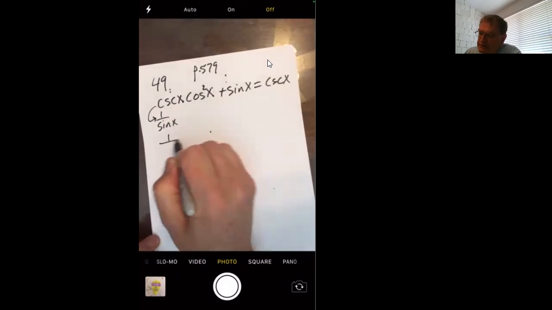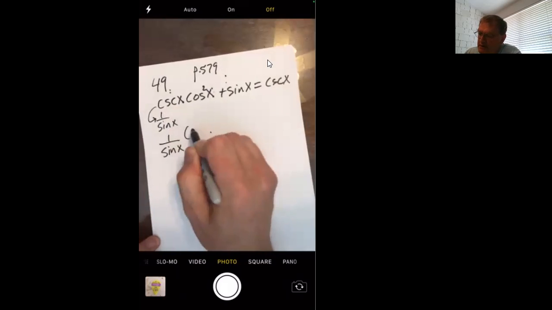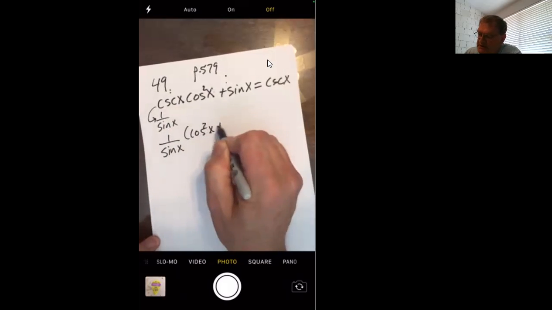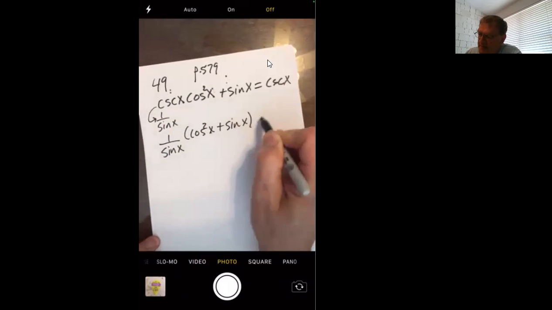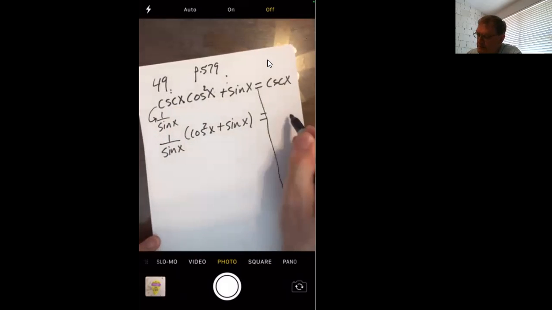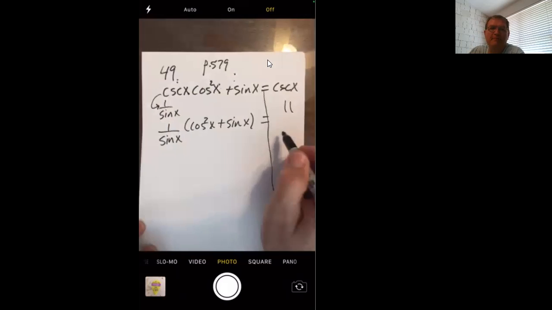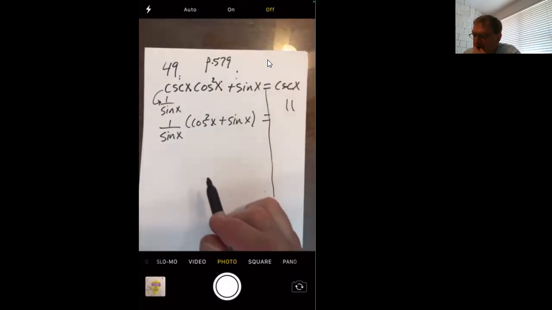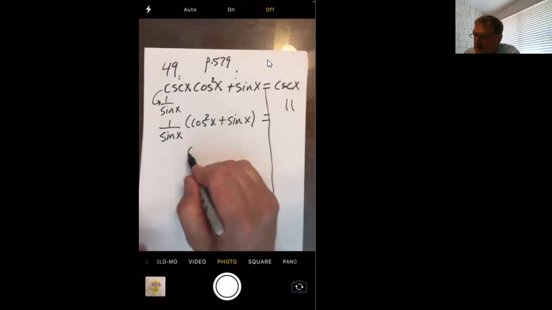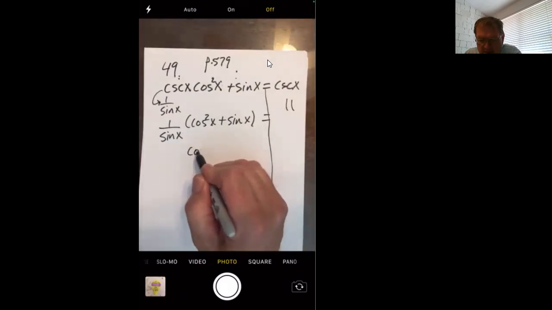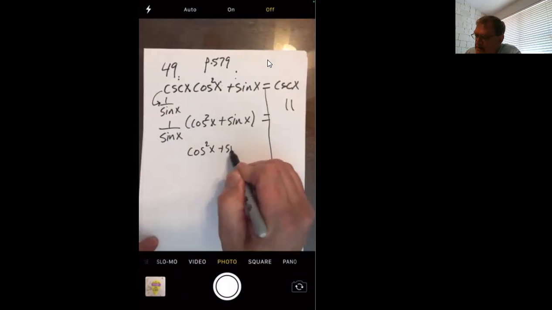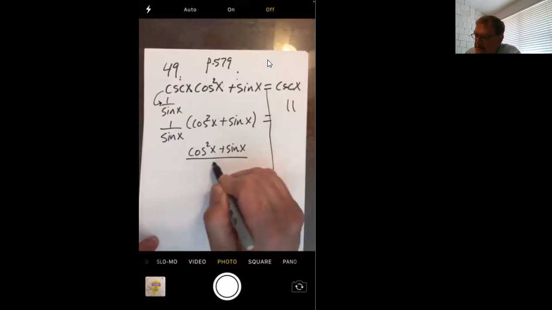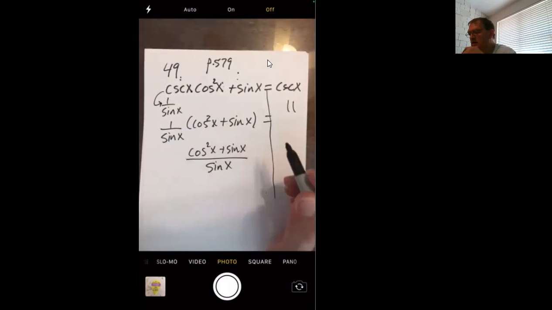So 1 over sine of x plus sine of x equals, again, this is coming on down. Gives you a cosine squared of x, add a sine x, and all divided by a sine of x.